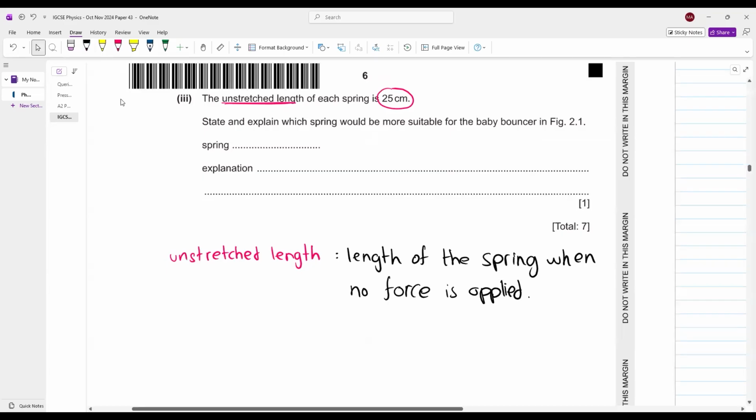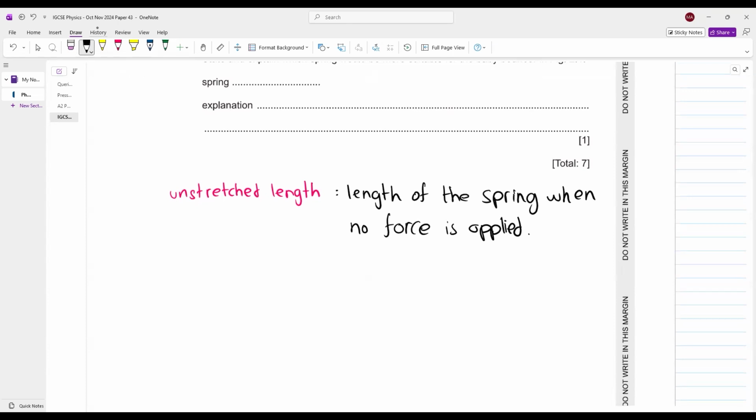Okay. And here I would like to introduce another term that is known as the total length of the spring. Does anyone recall this from my lectures? What is the total length of the spring? Sum of unstretched length and extension.